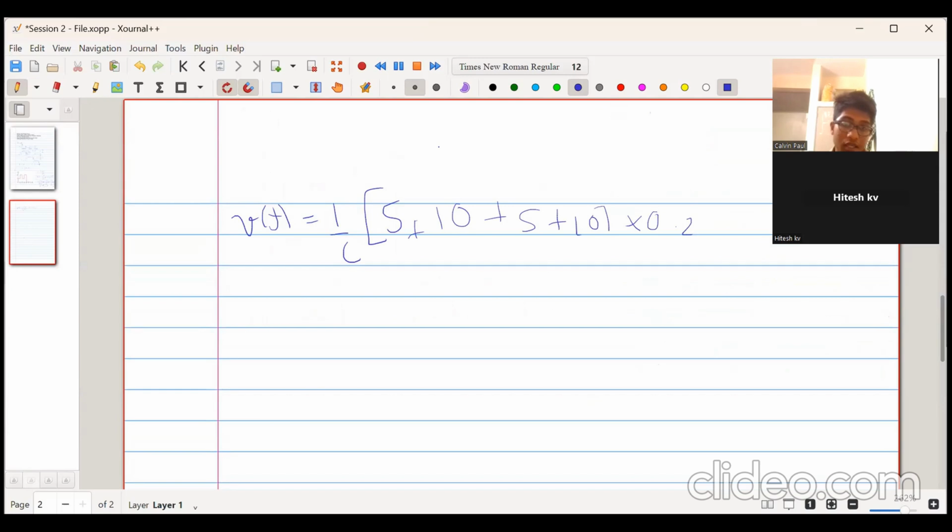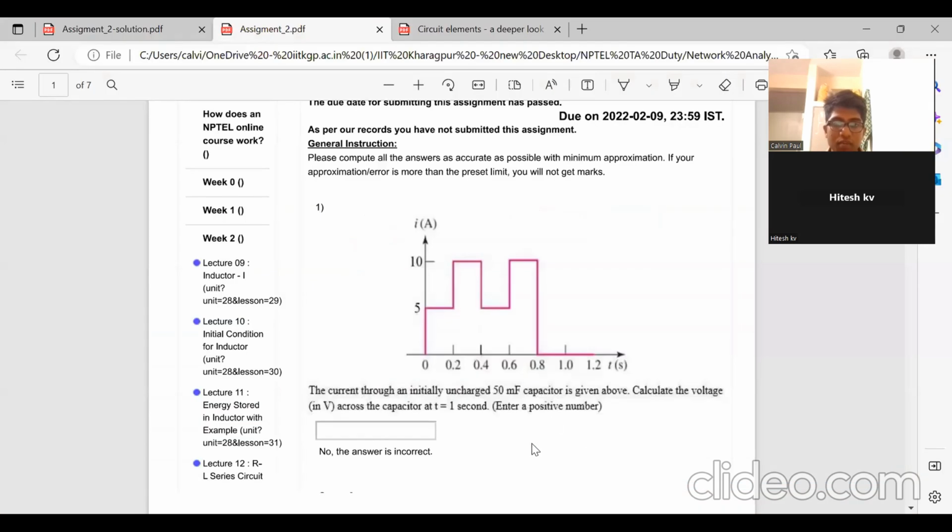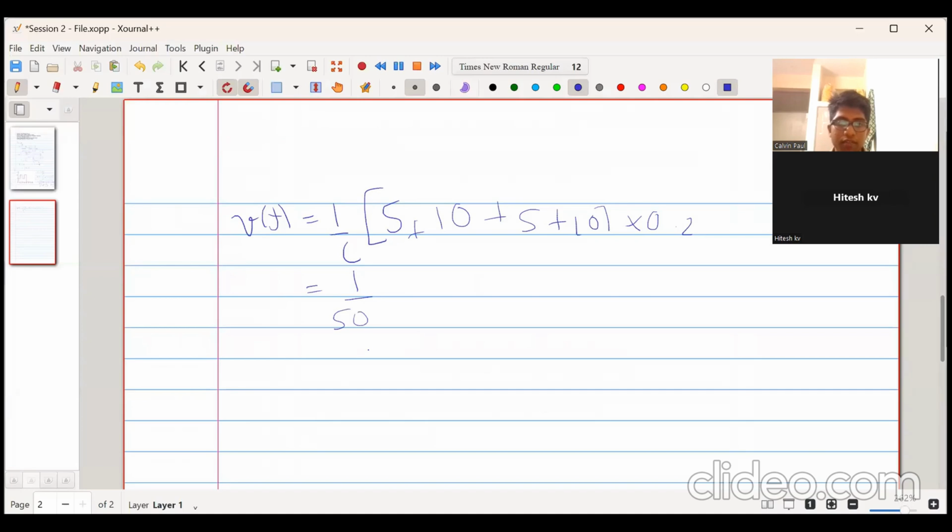Now, the capacitance they have told us is 50 millifarad. So it is 1 upon 50 into 10 to the power minus 3 into 10 plus 10, 20 plus 10, 30. So it is into 30 into 0.2.